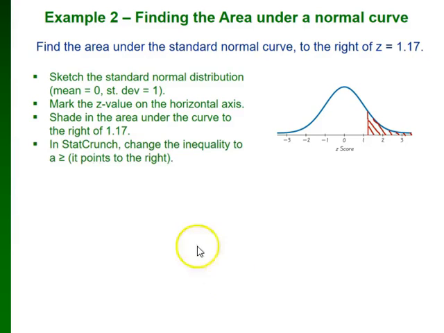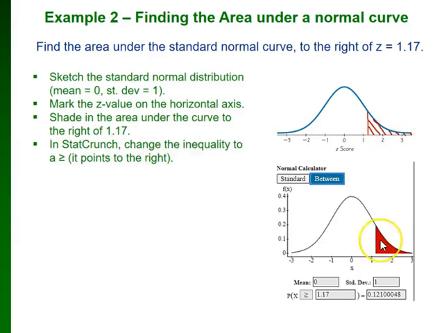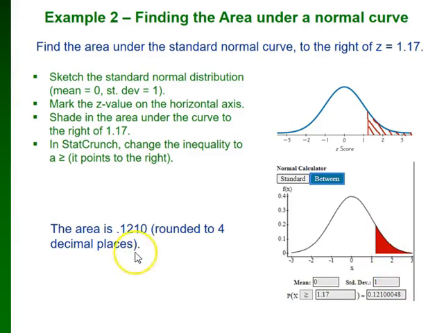That means when we put this into StatCrunch, we want to change our inequality so that it points to the right so that it will match our picture. Here's what this should come out looking like in StatCrunch. Notice we have the inequality changed so it points to the right. We have our z value in there. I already clicked on compute for this, so it's already giving us the area that's in this shaded region. That area is going to be 0.1210 if we round it to 4 decimal places.